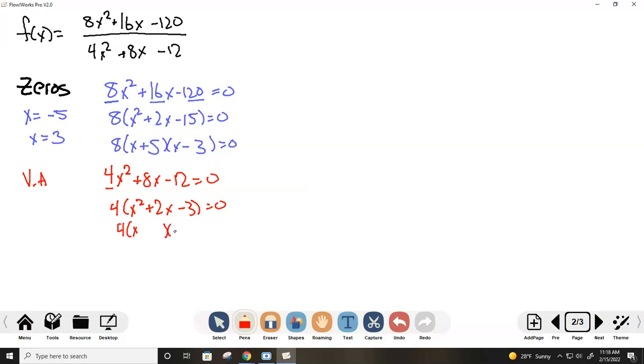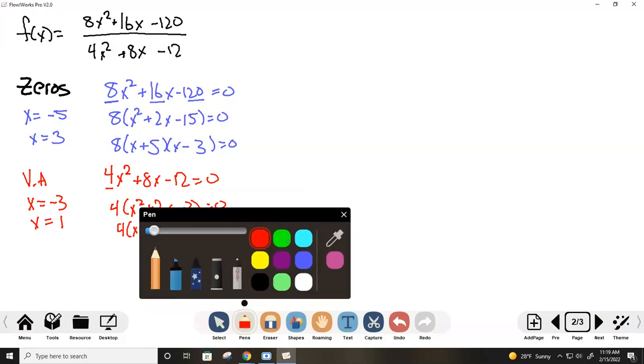So that's going to be x and x, plus and minus, so plus 3 minus 1. So we have x equals negative 3, x equals positive 1. None of these cancel out with our zeros, so we have our vertical asymptotes right there.